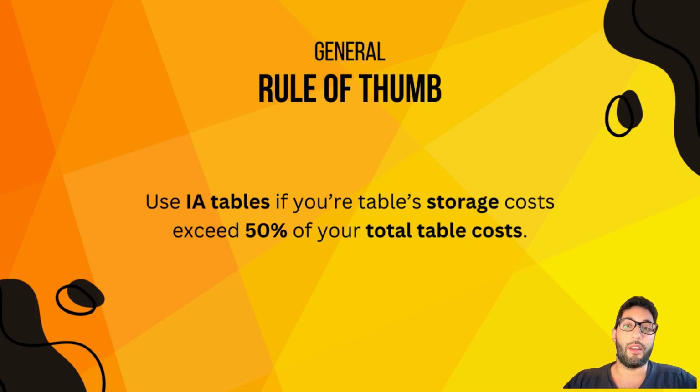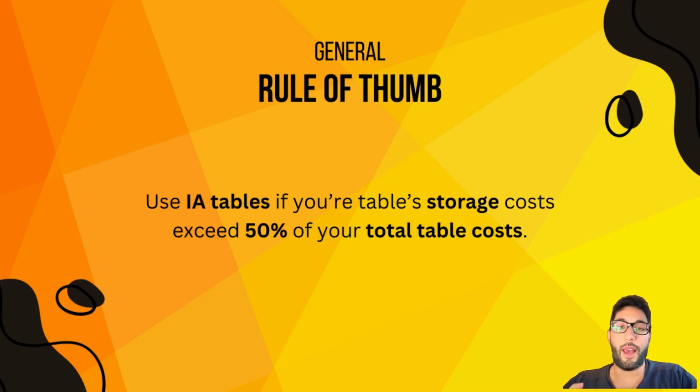What this means is that if your storage costs are more expensive than throughput cost, and they're more than 50% of the total table's cost, then you should be transitioning to IA tables. So maybe you don't want to do that for all of your tables, but optimize tables that have more storage costs, right?